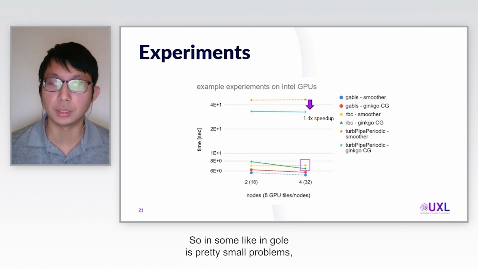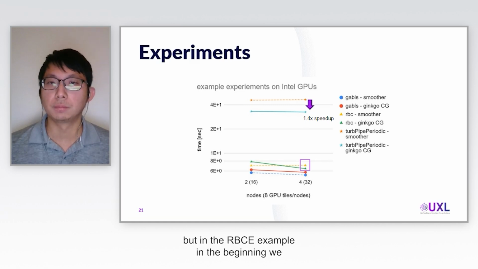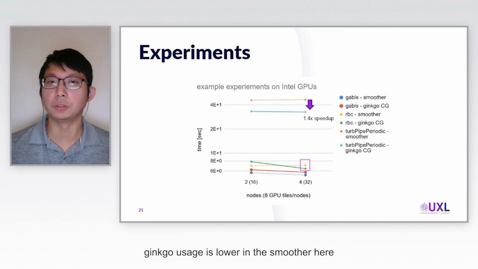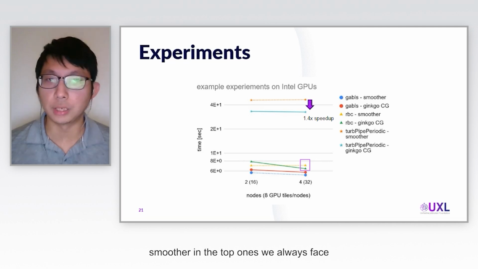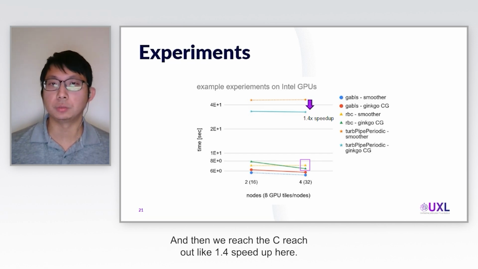In some, like the Gordon Bell, which is a pretty small problem, the smoother is faster than the Ginkgo CG. In the RBC example, in the beginning Ginkgo CG is slower than the smoother, but we have a better scaling effect. After we double the nodes, we get better performance than the nekRS smoother. In the top one, we are always faster than the smoother, and the Ginkgo CG reaches a 1.4 speedup.